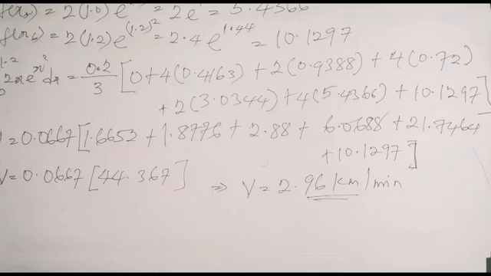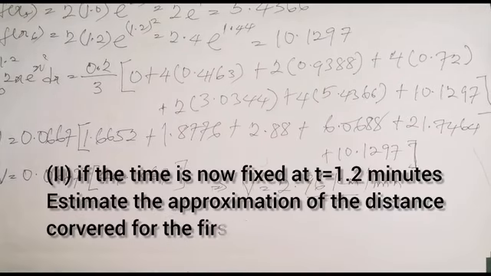Now, the second part of the question says, if the time is now fixed at t equals 1.2 minutes, estimate the approximation of the distance covered for the first 1.2 minutes.